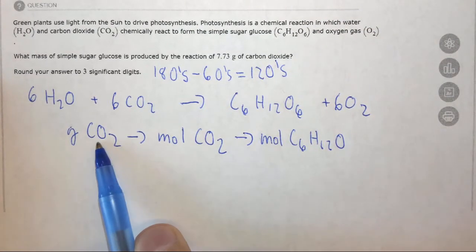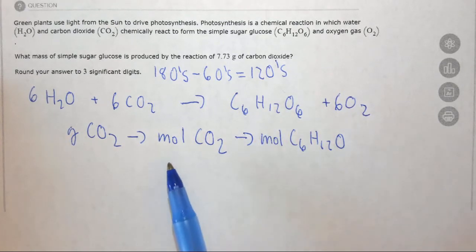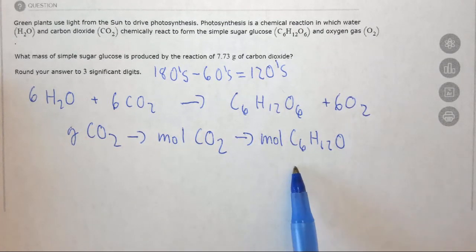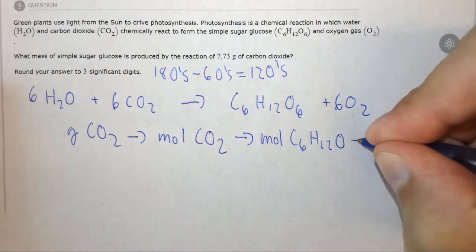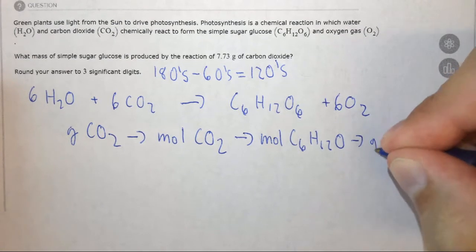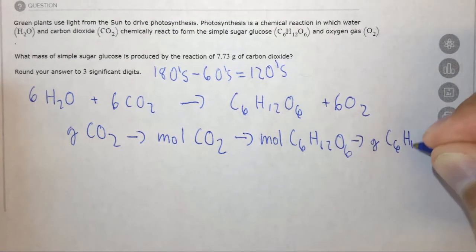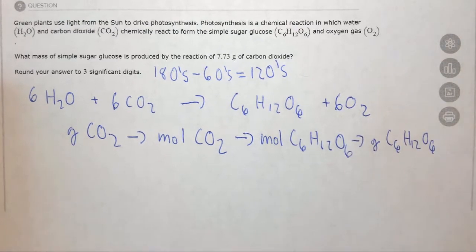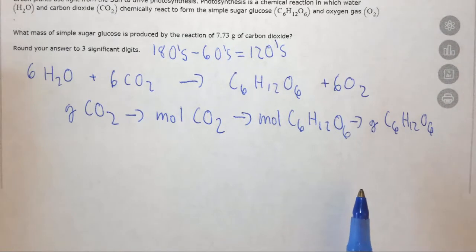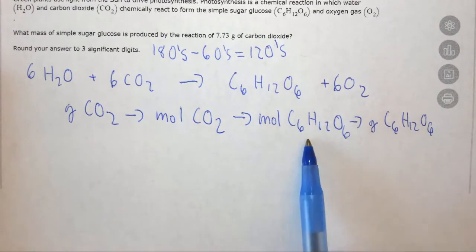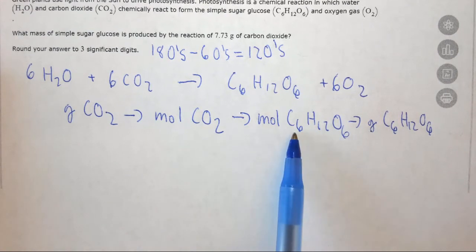We can't relate grams of CO2 to grams of glucose directly, but we can relate moles of CO2 to moles of glucose directly. After we have moles of glucose, we can go to grams of glucose, C6H12O6. So this is basically our plan of attack. Now, you've gone from grams to moles and moles to grams many times. So the only new thing here is moles to moles.